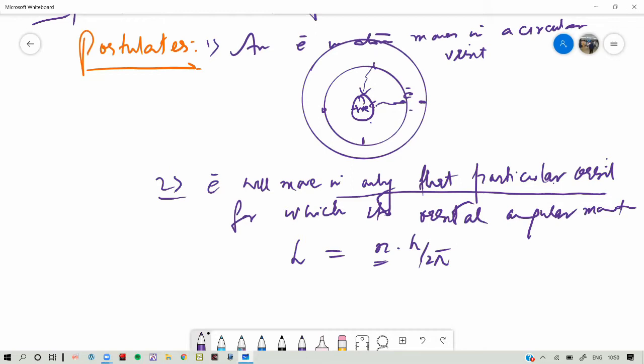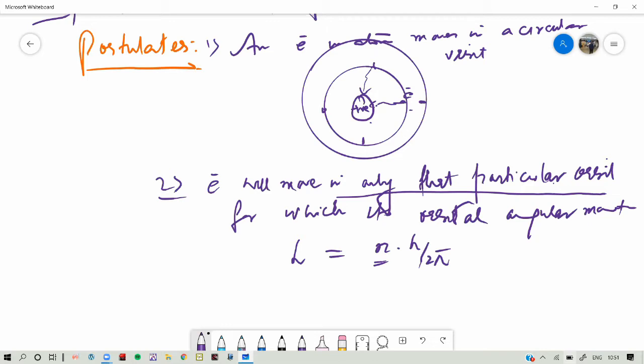So if the electron moves in the first orbit, n equal to 1, its orbital angular momentum will be h cut. If it moves in the second orbit, it will be 2h cut, that is 2h by 2 pi.